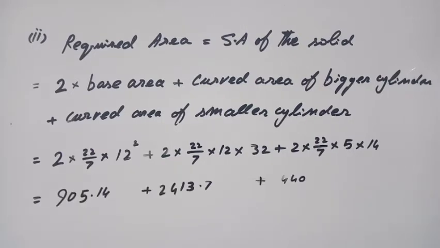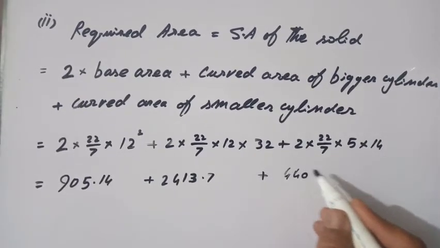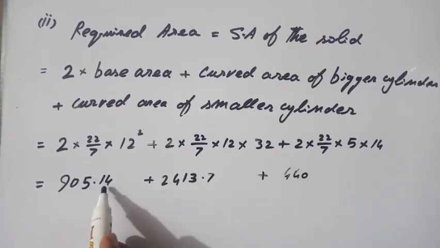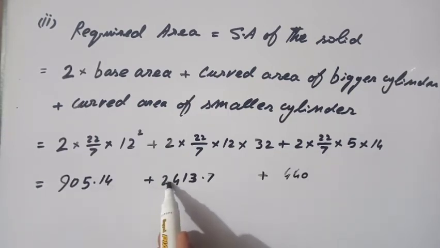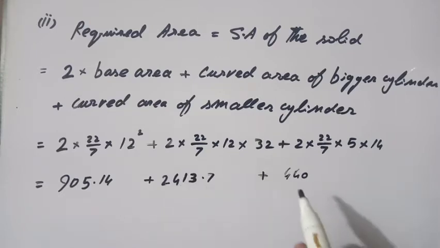We have calculated all this stuff with the help of calculator. It resulted 905.14 plus 2413.7 plus 440.